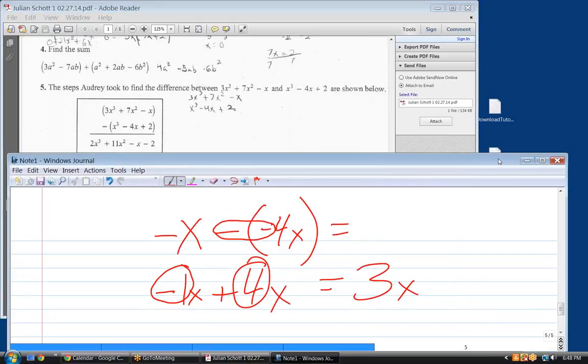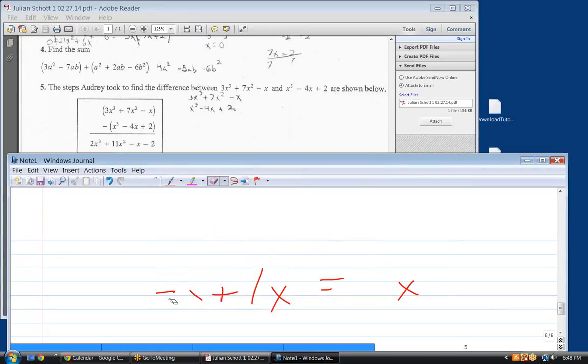Well, maybe not. Let's go ahead and write the whole thing out. So what's the correct answer? Let me figure it out. Remember, the only two terms that she got wrong are these two terms here.